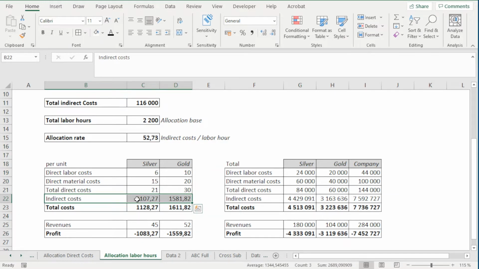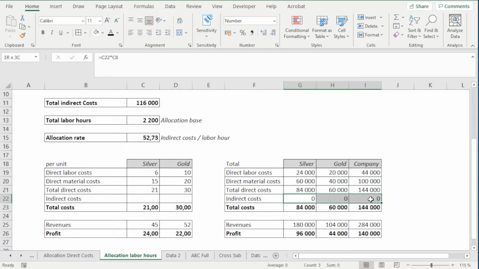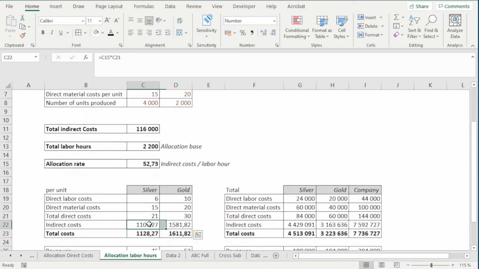Let's see. I will delete these calculations here first because they are not correct anymore. Or let me just go back and see what it is that we have in these formulas here. So we have here basically the total direct costs times the indirect costs per labor hour. So that's of course nonsense.